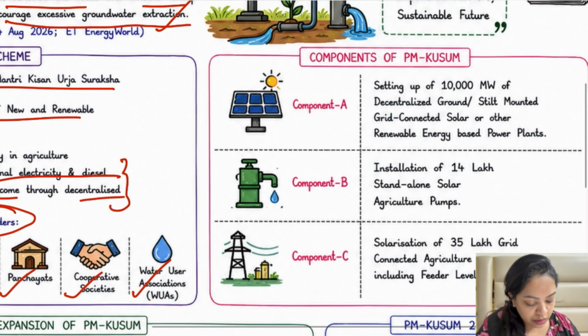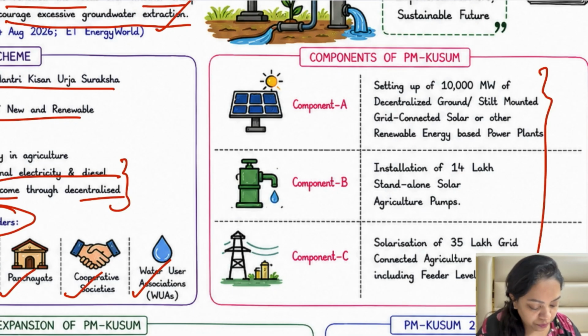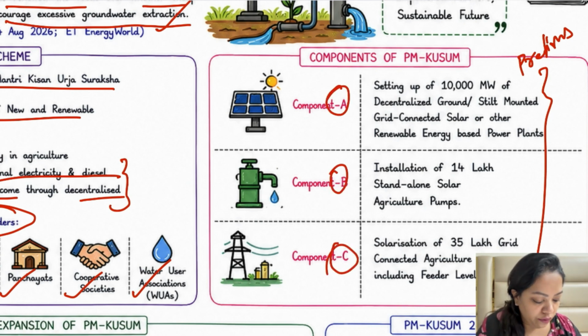Now there are basically three components of the PM-KUSUM scheme. You can also be asked this in prelims in match the following. They can give you components A, B and C and ask you to identify the correct matching options.